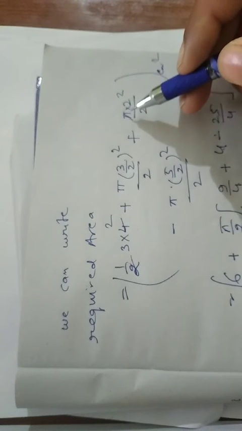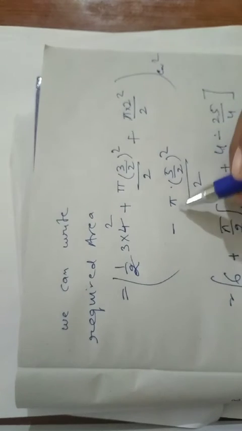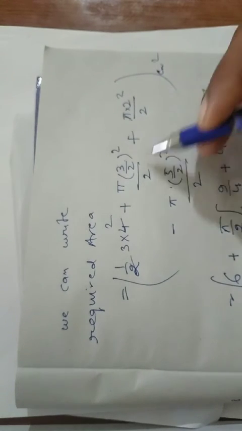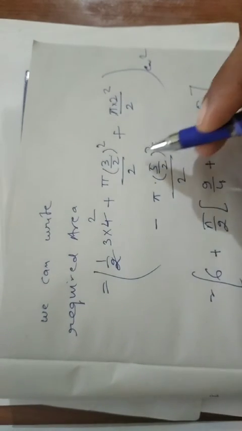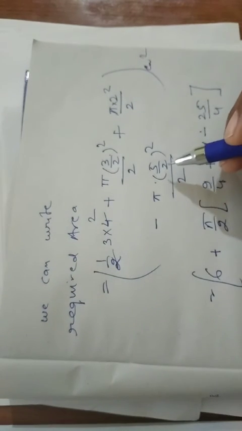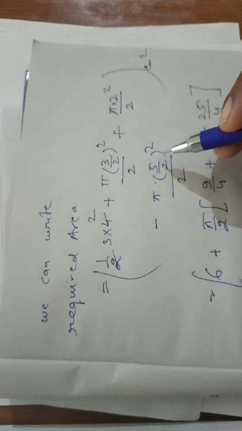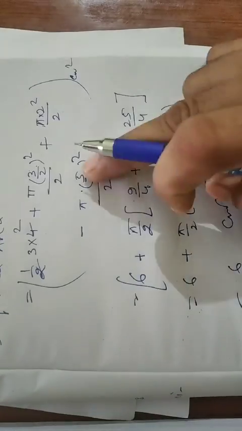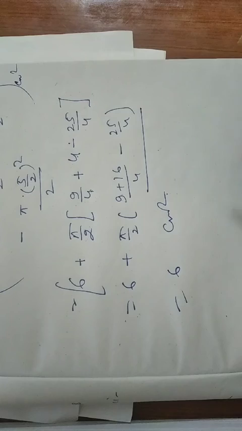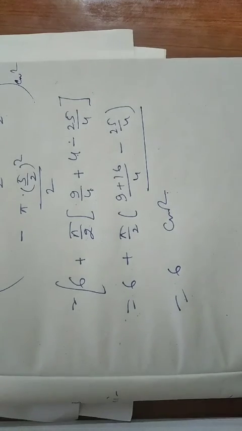AC is 4 centimeter, radius will be 2, so pi 2 square by 2, minus area of the semicircle on BC, and BC is 5 centimeter, therefore radius will be 5 by 2 centimeter, so area will be 5 by 2 square into pi by 2. Put all the values, you will find 6 centimeter square. This is the required area.